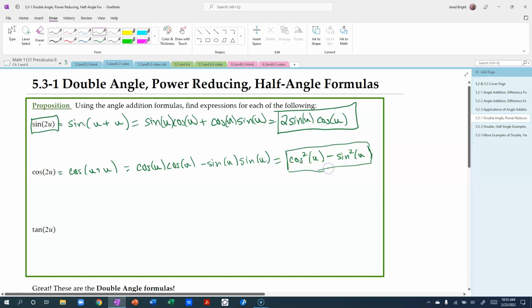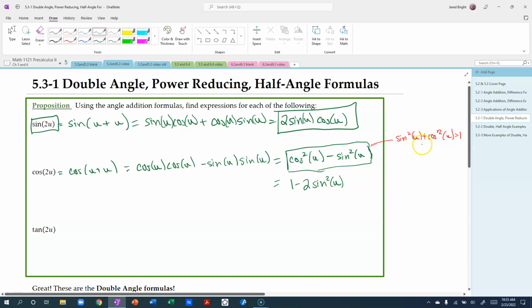You might remember that we have the Pythagorean identity, so we could say sine squared of u plus cosine squared of u is equal to 1. And so with that identity, this can take on different forms. So it could be 1 minus 2 sine squared u.